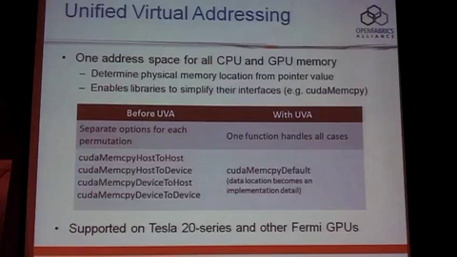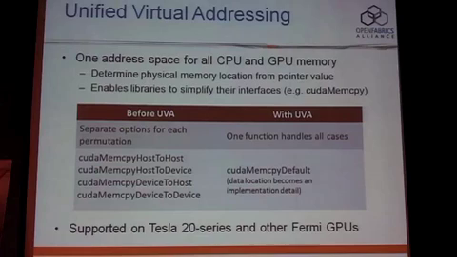The second, perhaps more intensive change that we did in CUDA 4.0 is unified virtual addressing. So we're providing one address space, one virtual memory address space for all memory, CPU and GPU.